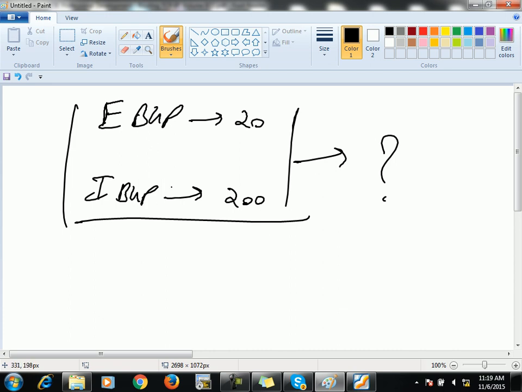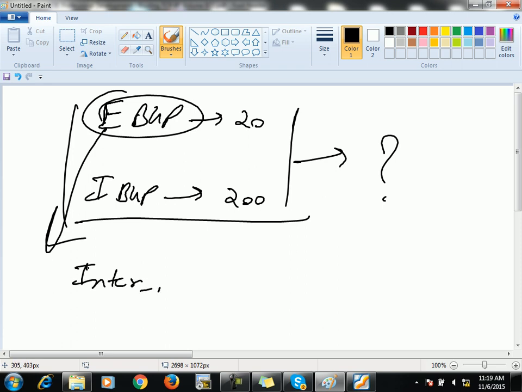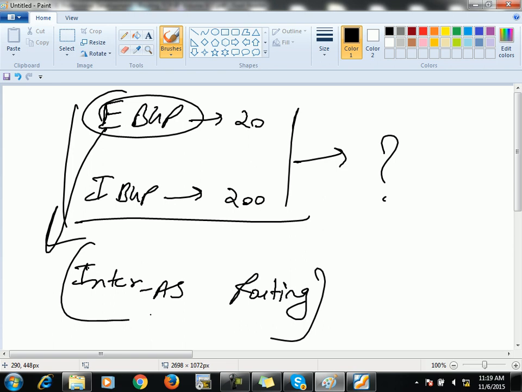See, BGP is meant for inter-AS routing, right? Basically BGP is meant for inter-AS routing, which means to configure routing between two different ASs, between two different organizations. Because whenever you try to combine two different organizations together, only then will you have a huge number of prefixes over there.